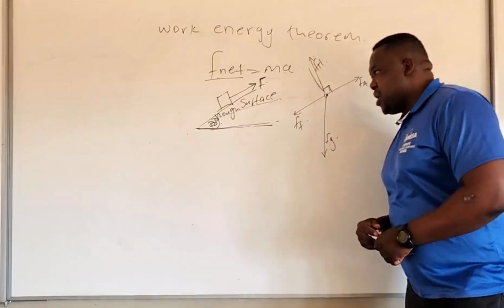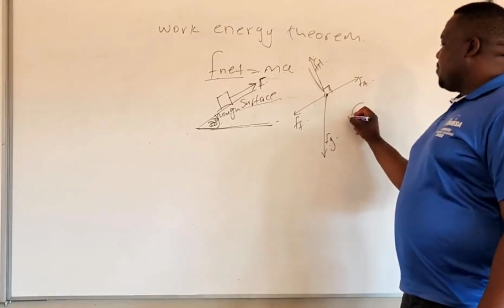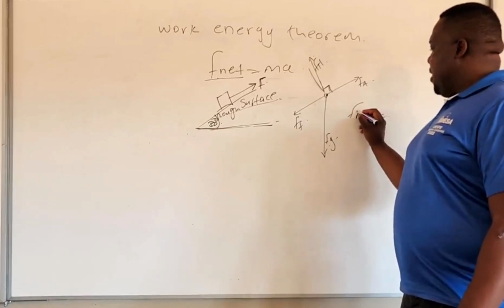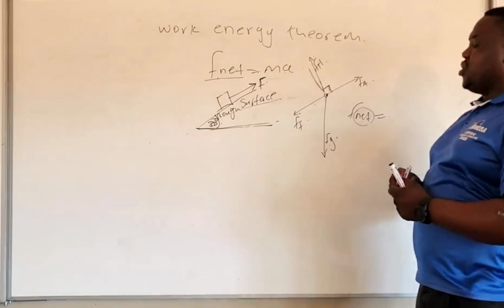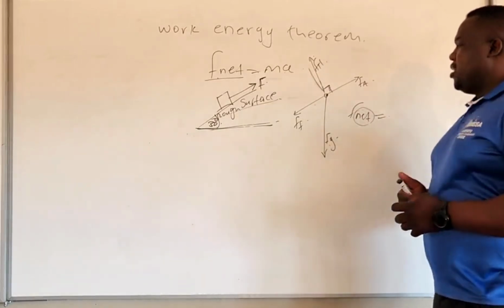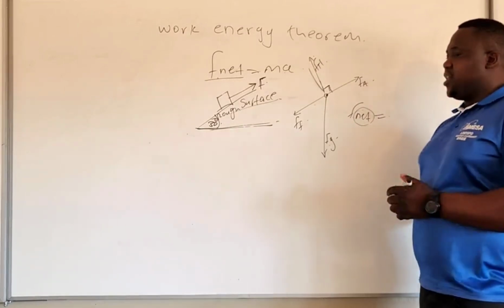So what does that mean? It means that F net is the sum of all the forces which are acting on an object.